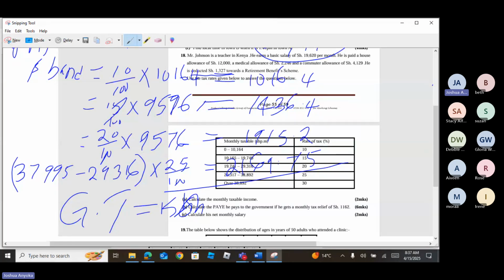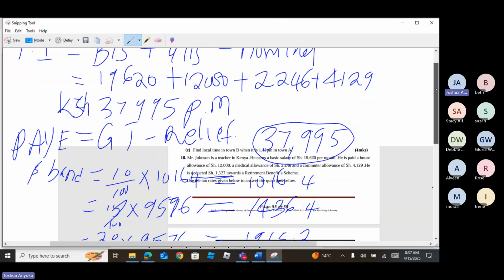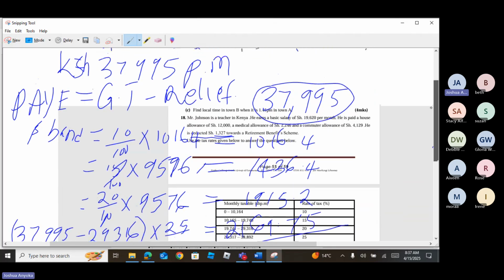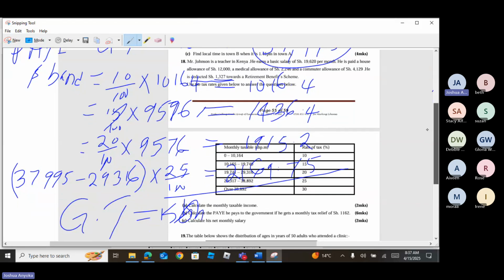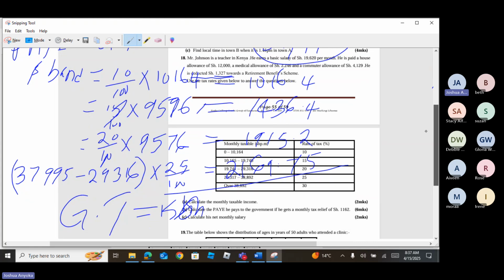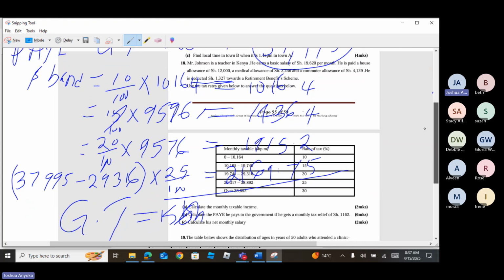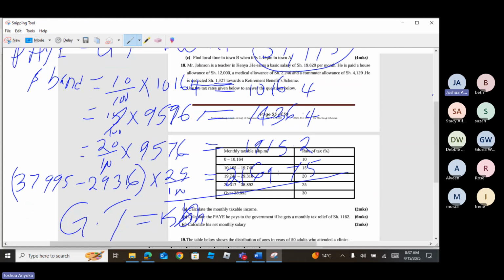So we have the process of finding this. From taxable income, we align taxable income with the table. Then from the table, we start with the first band, second, third, and then the remaining, as dictated by the equation. Then we add 1,016.4, 1,436.4, 1,915.2, 2,169.75. What do you get?